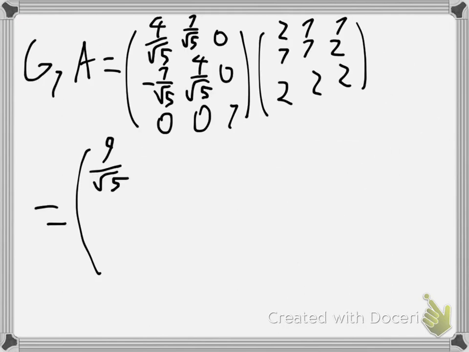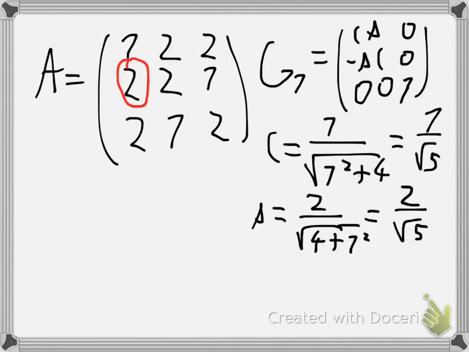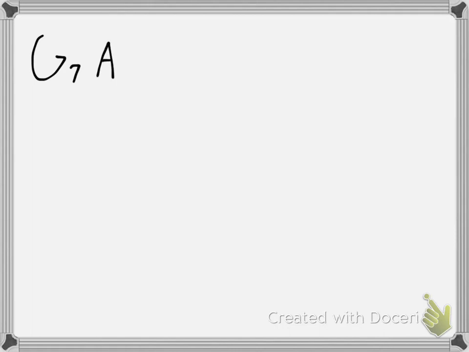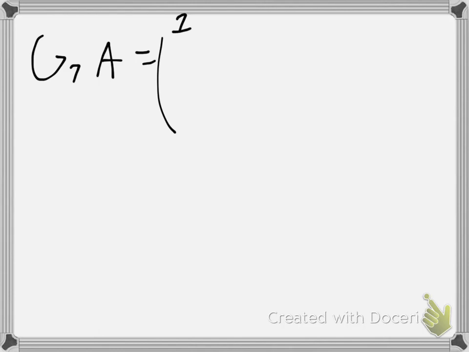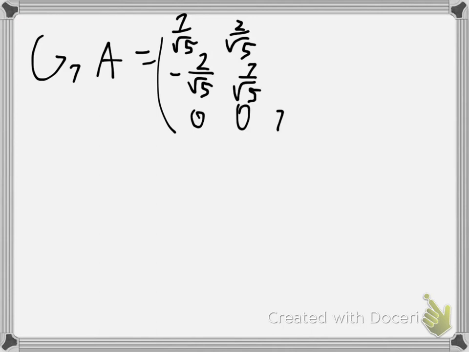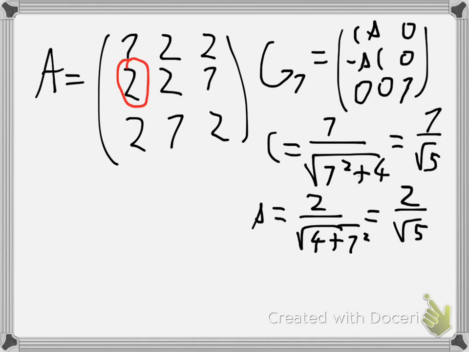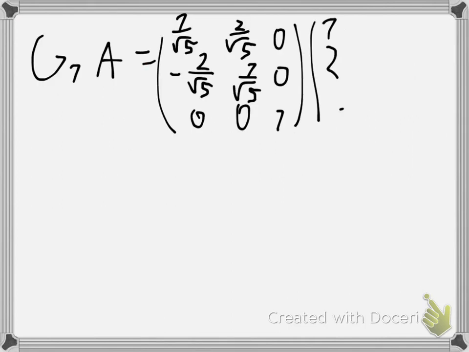Okay. And so if we apply our first rotation to A, we get 1 over square root of 5, negative 2 over square root of 5, 2 over square root of 5, 1 over square root of 5, 0, 0, 1, 0, 0, times our matrix A, so 1, 2, 2, 2, 2, 1, and 2, 1, 2.